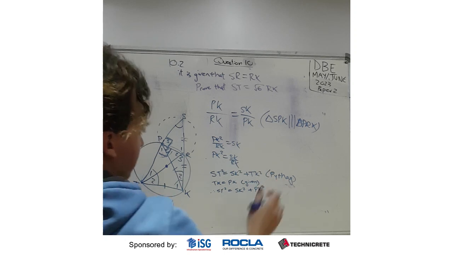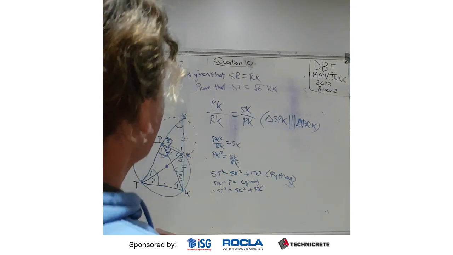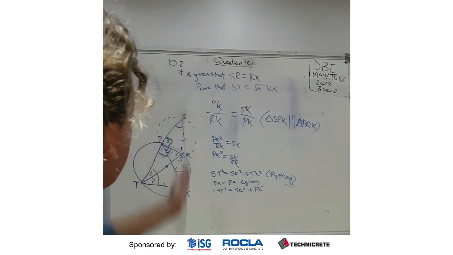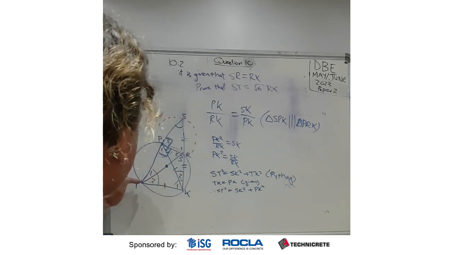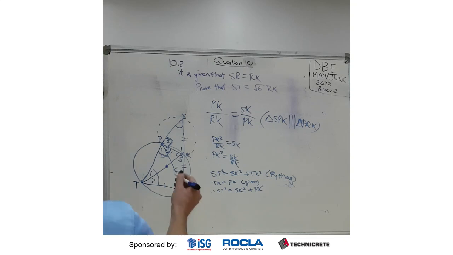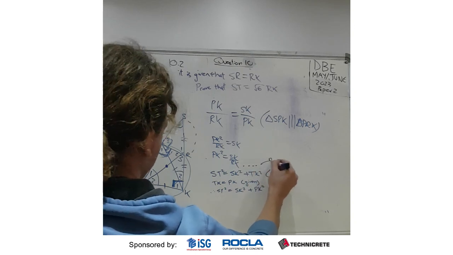Right, sorry. You can see how my notes confuse me a bit. ST, SK, and TK. Because we did the Pythag, because we know this has to be a right angle, because that's a right angle, it's opposite sides of a cyclic quad. You can do a bit of proving in between here, if you want.